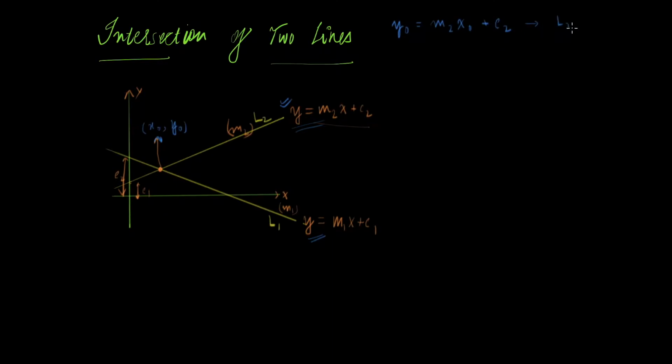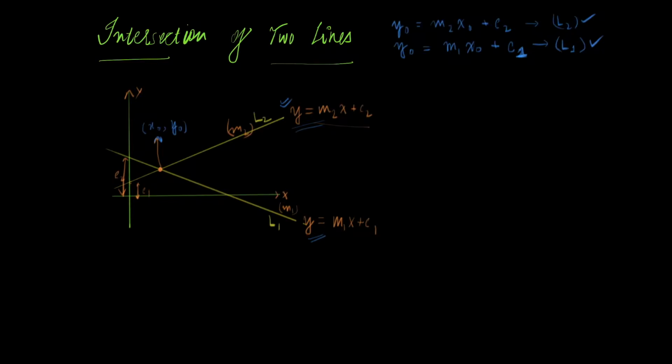So it satisfies line L2. Similarly, if this point lies on the line L sub 1, then y0 should also be equal to m1 times x0 plus c1. So this means that the point satisfies L sub 1.